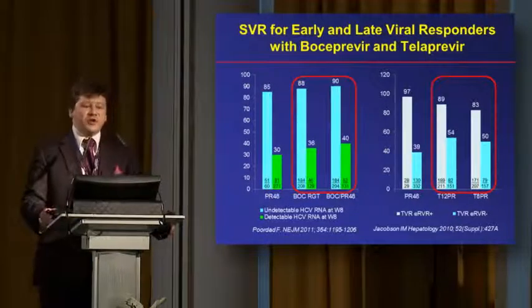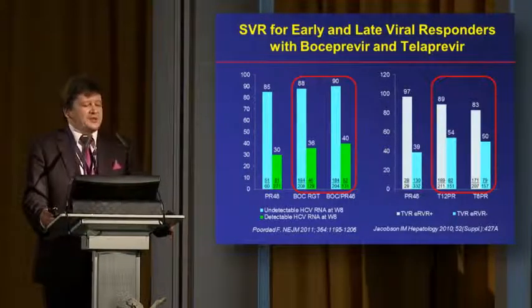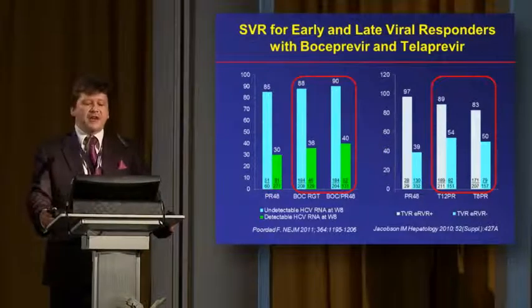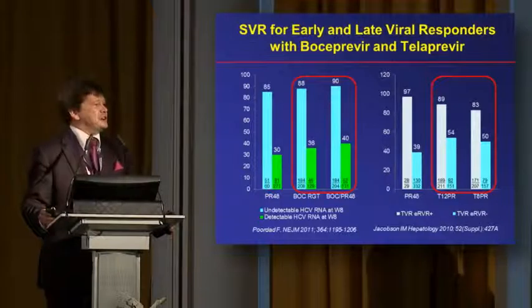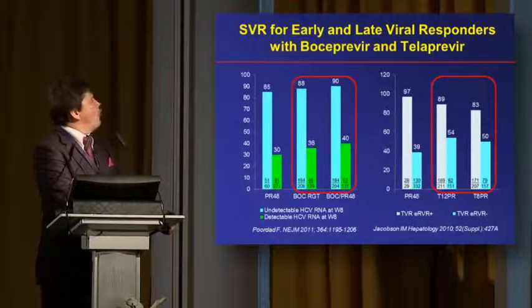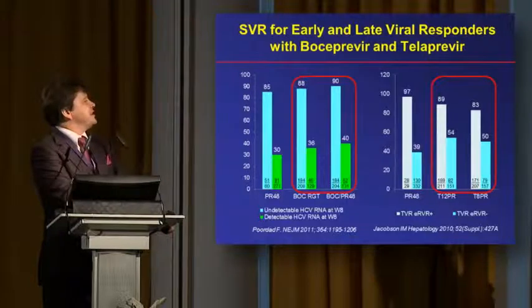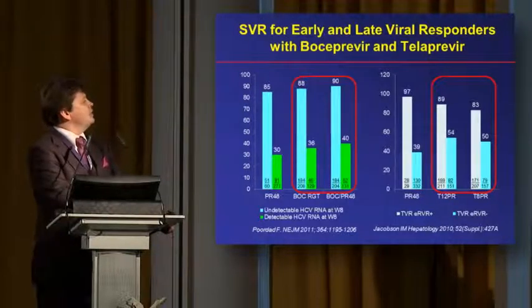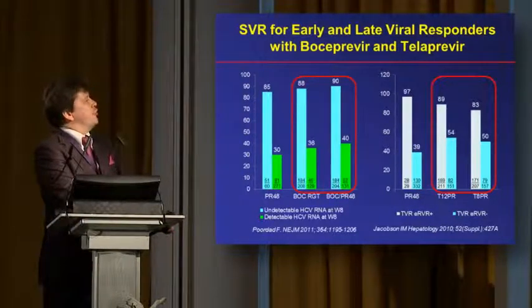Similar results were received for triple therapy. SVR for early and late viral responders with boceprevir and telaprevir was significantly different. Graphically, you can look for boceprevir, response at week 8, undetectable or detectable HCV RNA, and for telaprevir, extended RVR at week 12, yes or no.